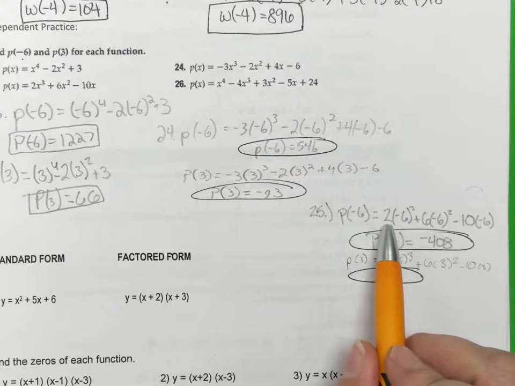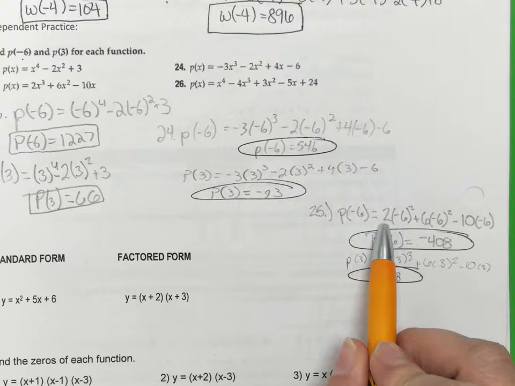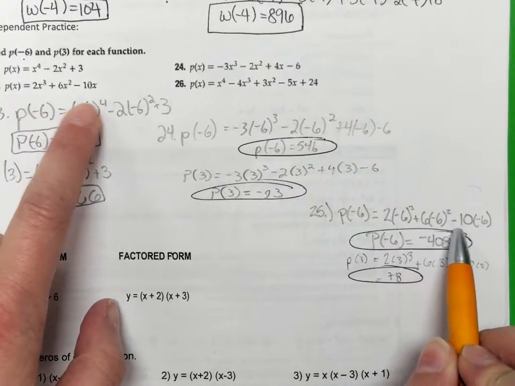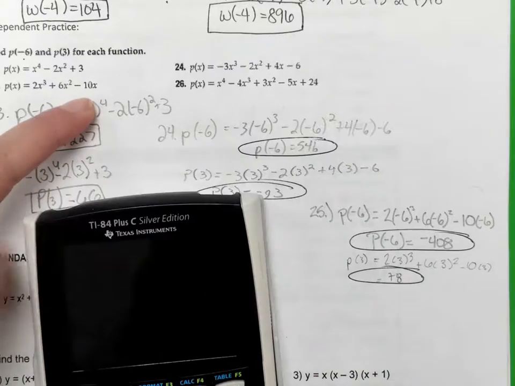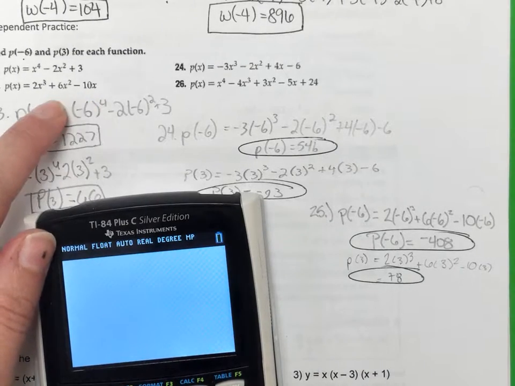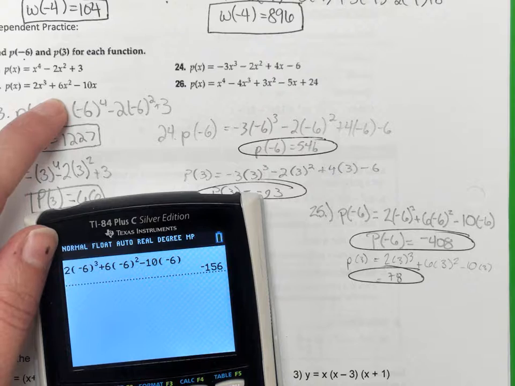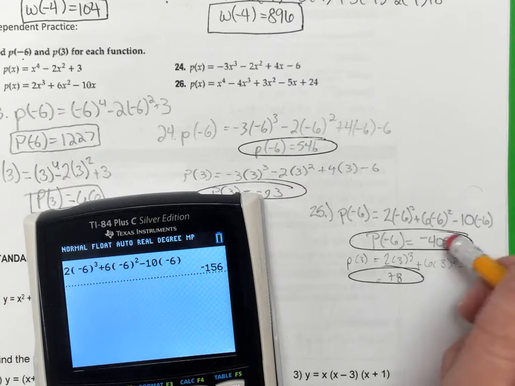Hold on a minute. They skipped the... No, they didn't. 25. Yeah, negative 156.